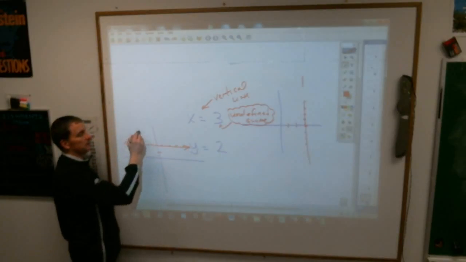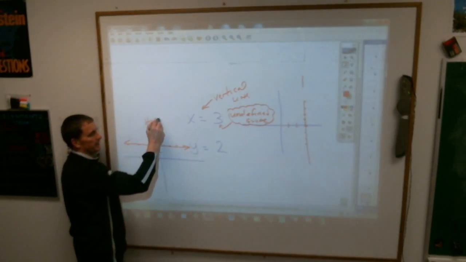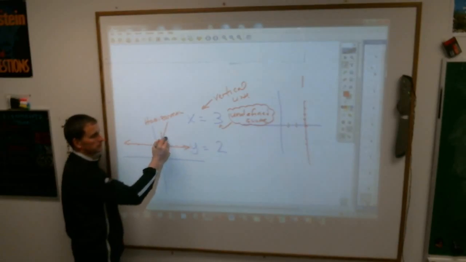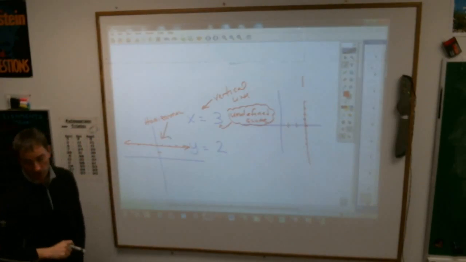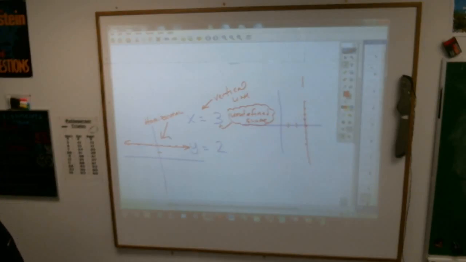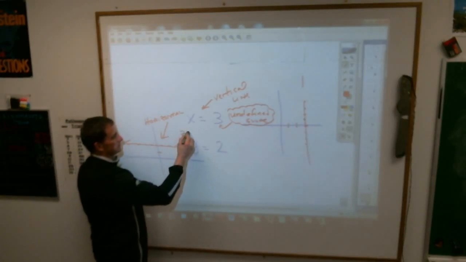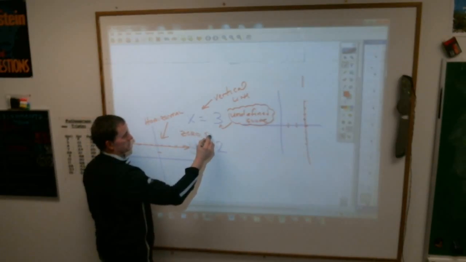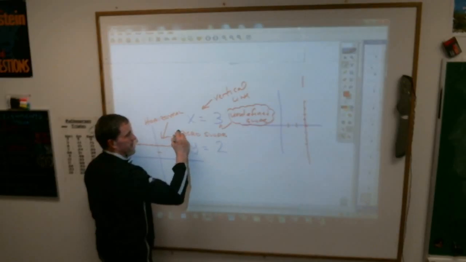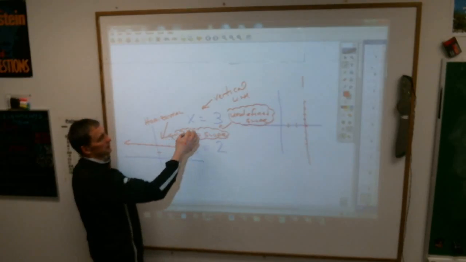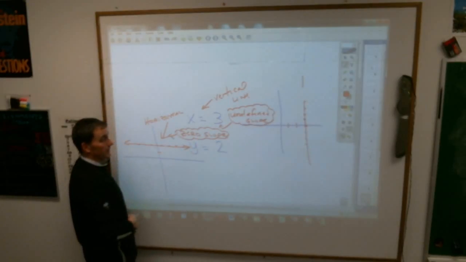You get a horizontal line, and horizontal lines always have a slope of 0. Zero slope, just know that. Horizontal lines have 0 slope, vertical lines have what we call undefined slope. It doesn't really make sense to us right now.